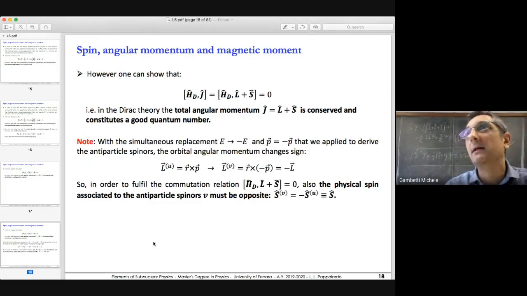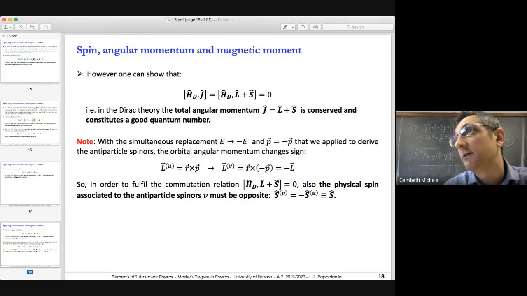Let me now make a comment here. With the simultaneous replacement of E to minus E and p to minus p that we applied to derive the antiparticle spinors, if you remember, also the orbital angular momentum changed sign. For the positive energy solution, it is defined in the usual way. Let's use the classical definition here, r vector cross p. But for the antiparticle solution, which comes with the opposite sign energy and momentum, you get a minus sign here.